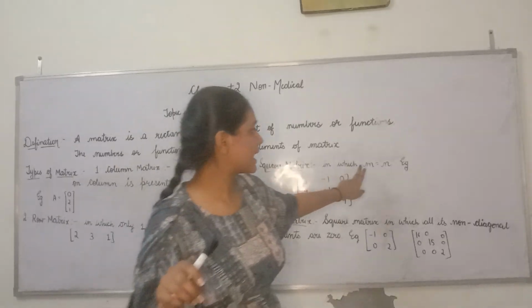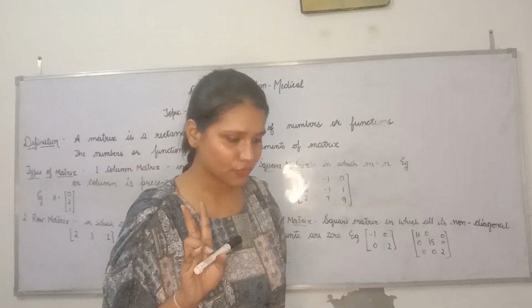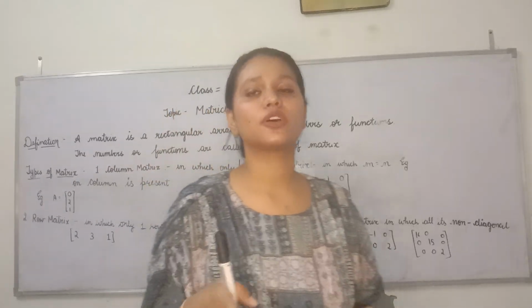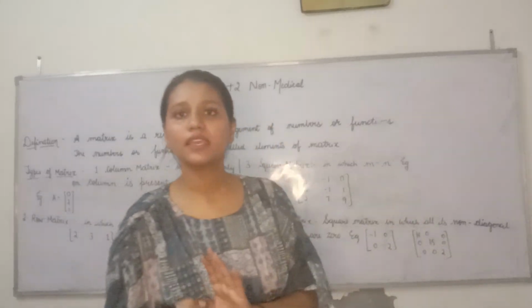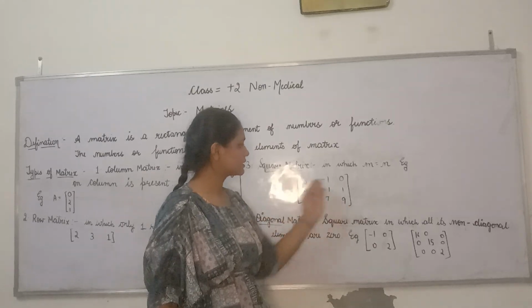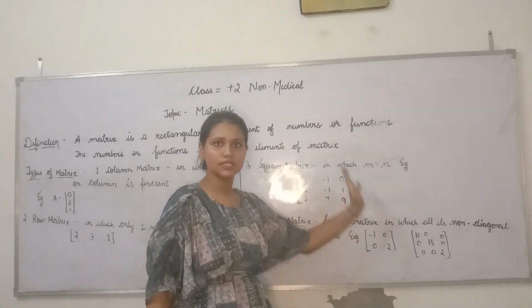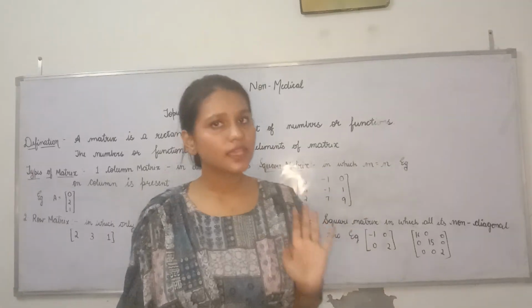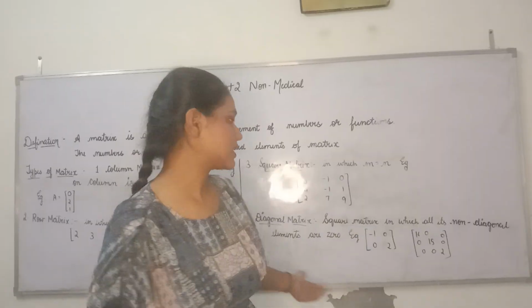Here m is denoted for the number of rows and n for the number of columns. For example, there are 3 rows and 3 columns, so this is a square matrix in which both are equal.